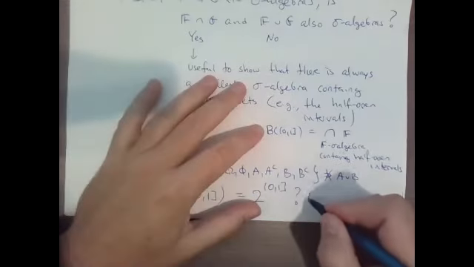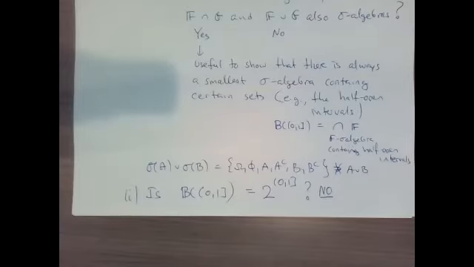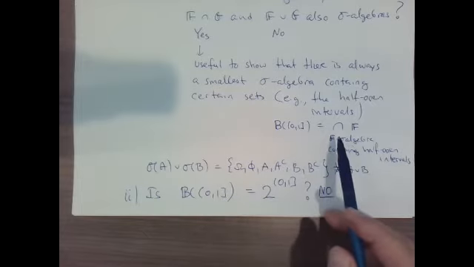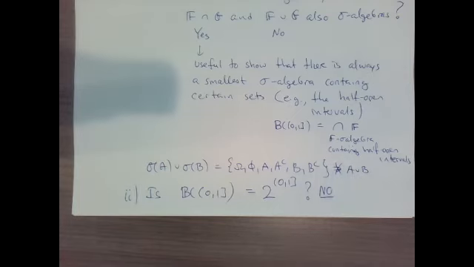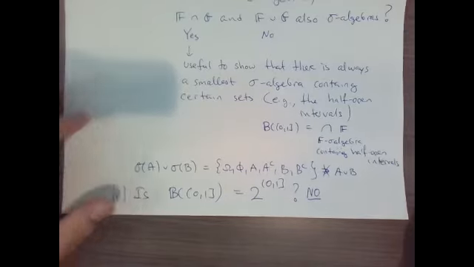And the answer here is no. That is one argument for why we would need these sigma algebras. There are subsets of the interval 0 to 1 that are not inside this collection, this intersection up here. Then students will typically ask, can you please give me an example? And giving an example is hard.